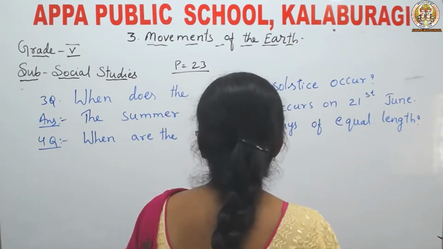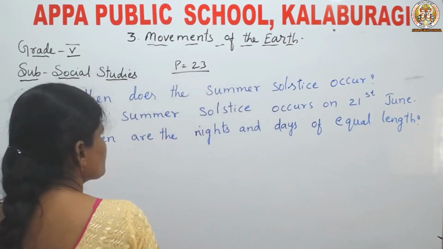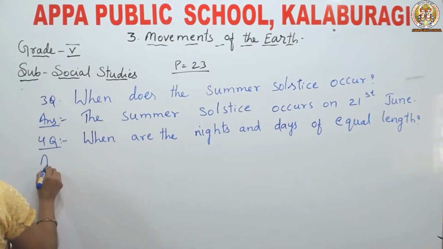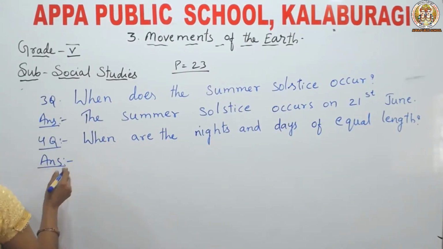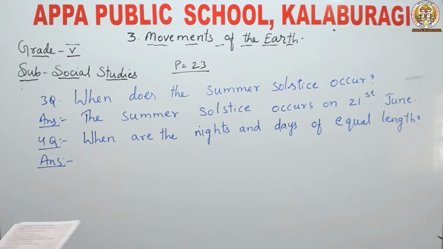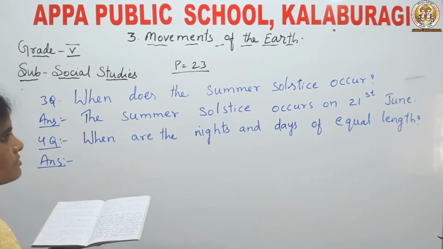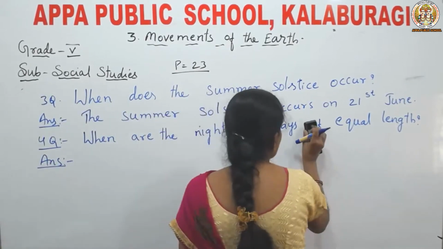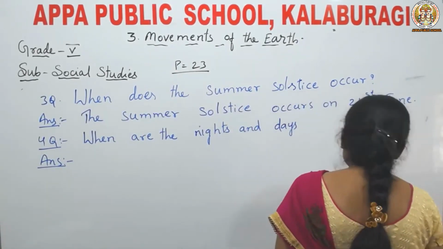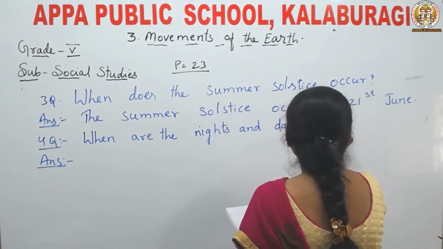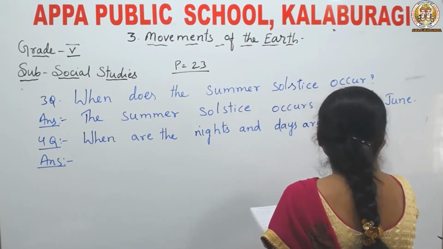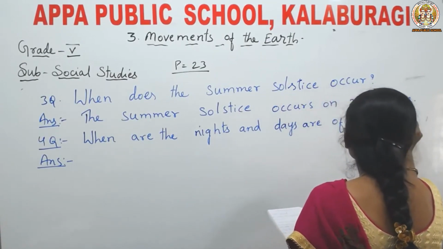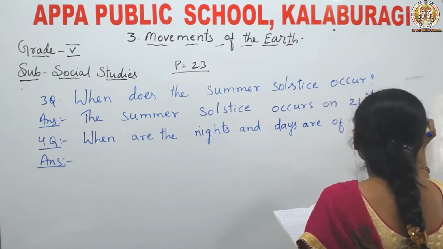When are the nights and days of equal length?